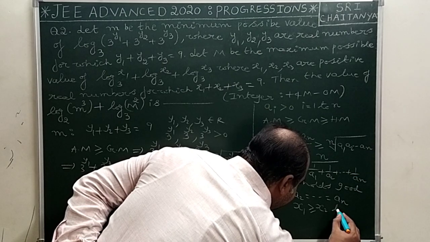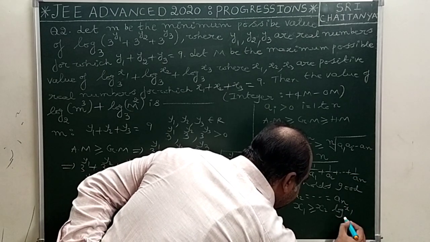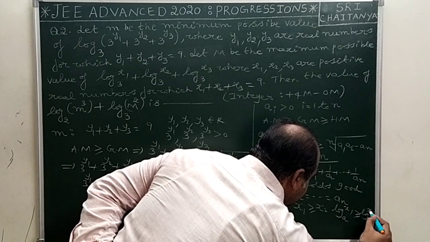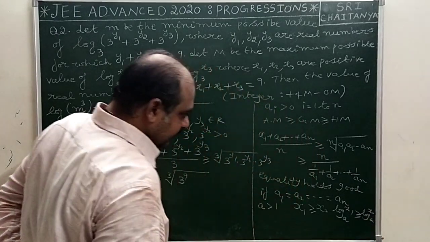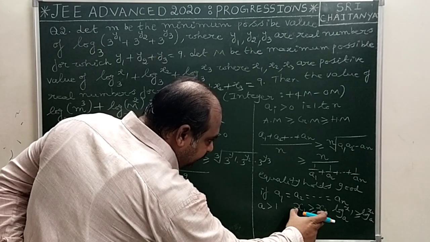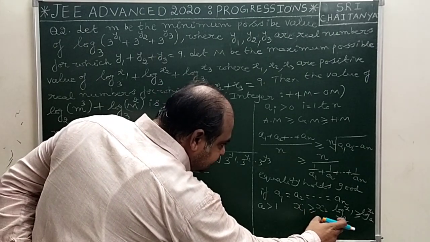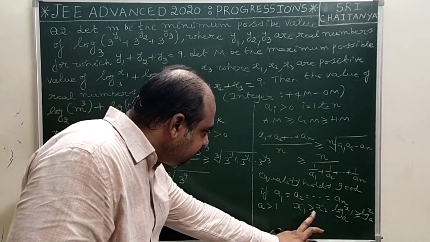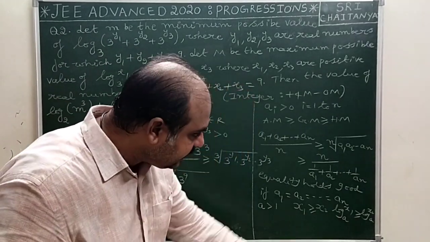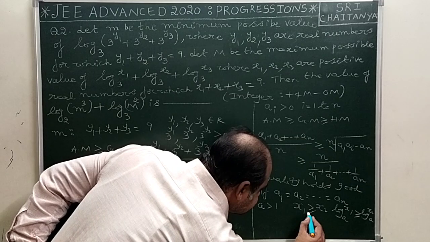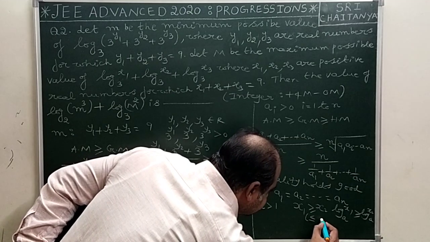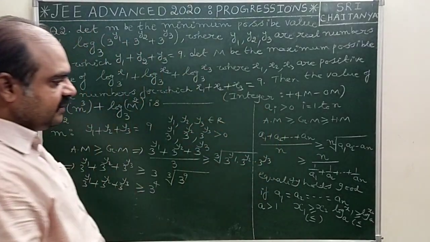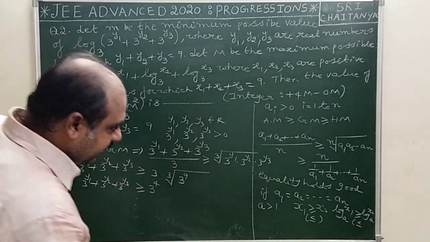If logarithm to the base a is applied, the same inequality will be retained. Right? If the base you are applying is greater than 1, then greater than or equal to remains, here also you will get greater than or equal to. The same inequality will be maintained. Suppose if less than or equal to is there, you write less than or equal to, if the base is greater than 1.